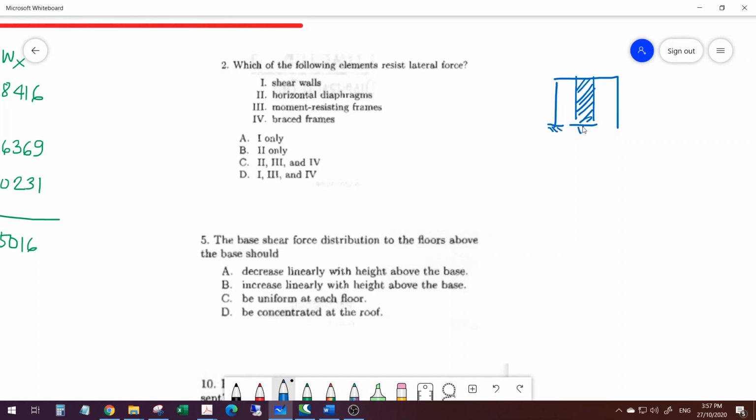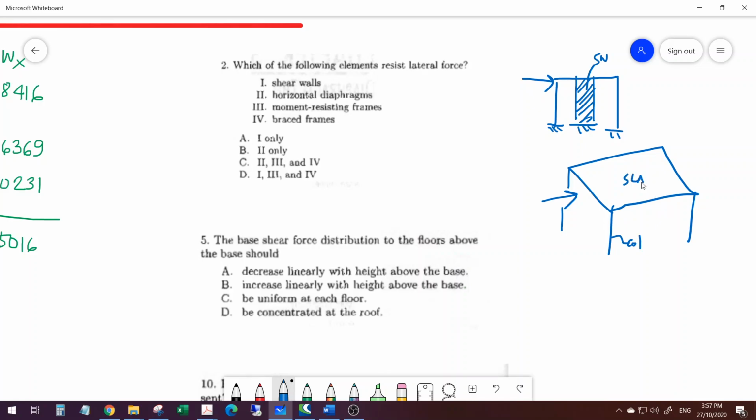Because it resists earthquake. So this is your shear wall. Horizontal diaphragm. Horizontal diaphragm is actually your slab. So if you have earthquake force, these are the columns, and then this is the slab or your diaphragm.